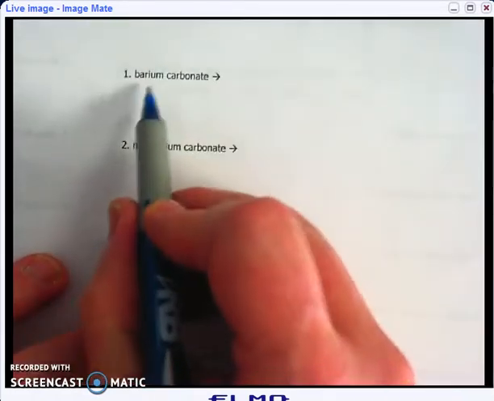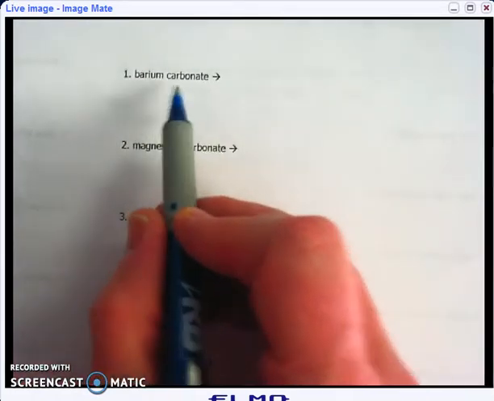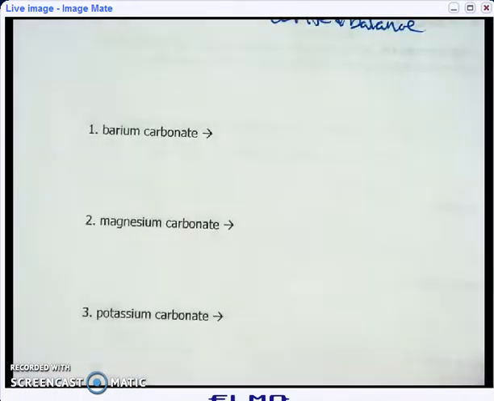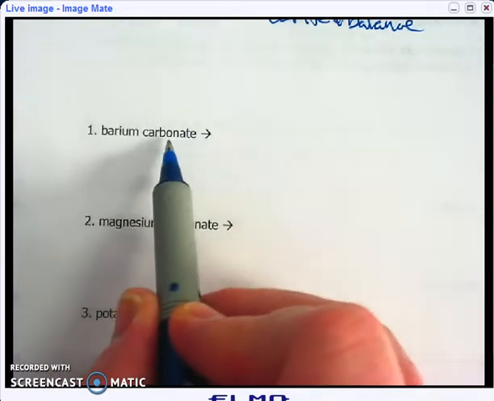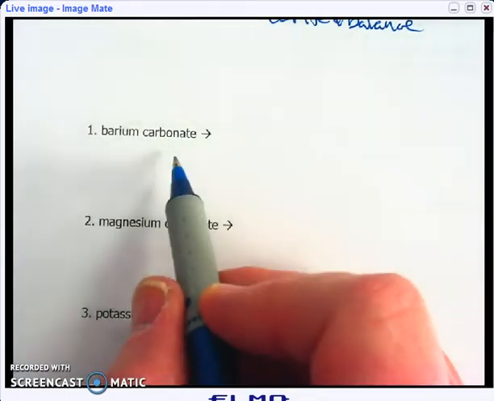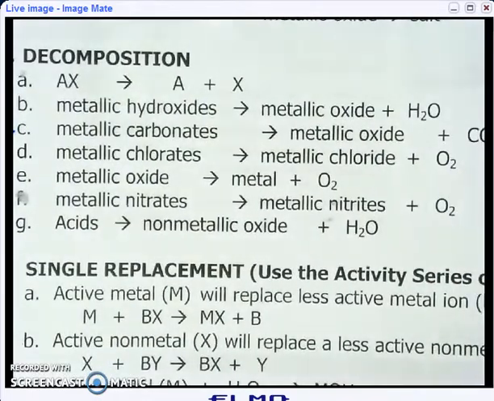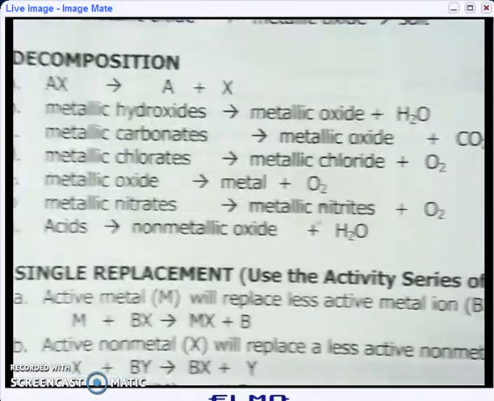So I know that's a little confusing. Let's take a look at barium carbonate. Is that a metal carbonate? Is barium a metal? Yes. So it's a metal carbonate, right? And we said, according to that situation, any metal carbonate is going to form a what?